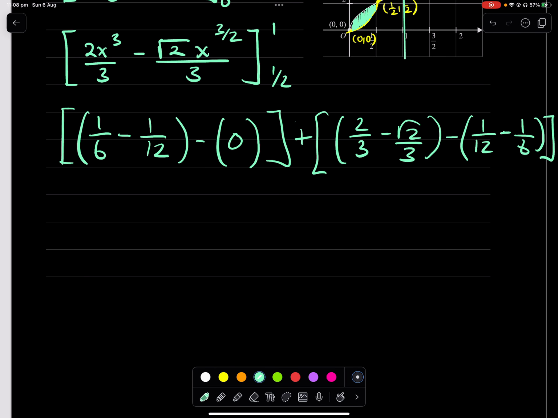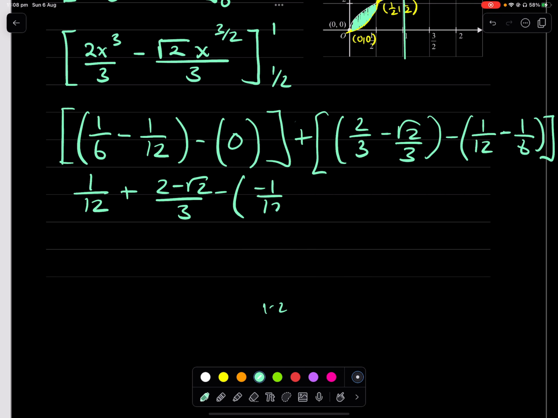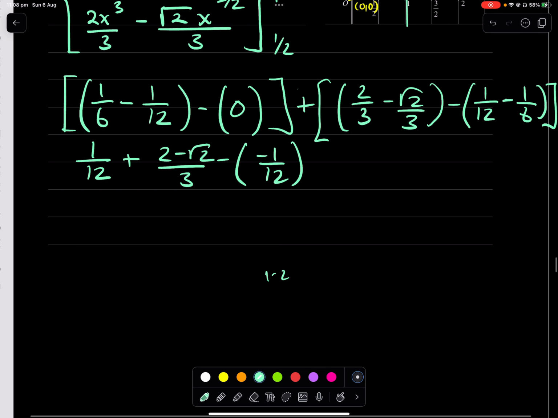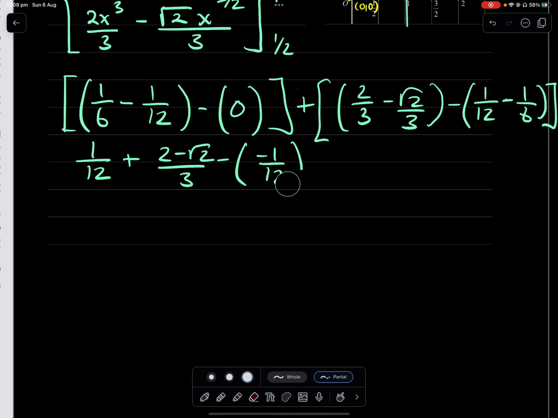Simplifying this, put a 12 there. 1 over 12 plus this over here is 2 minus root 2 on 3 minus, so it'll be negative 1 over 12. That'll be plus half, plus 1 over 12 here, so it just changes to plus 1 over 12.